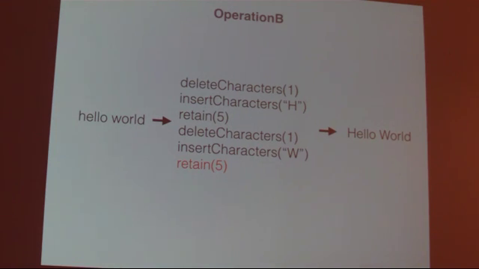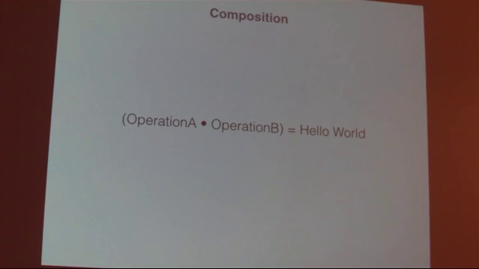I put it in red because there are some rules to how these operations are made, and the operations have to span the same number of indexes. So if you have a sentence, each operation has to go to the end. And that's important because once you have that, now you can combine operations together.